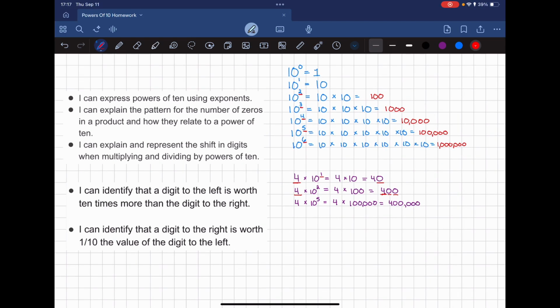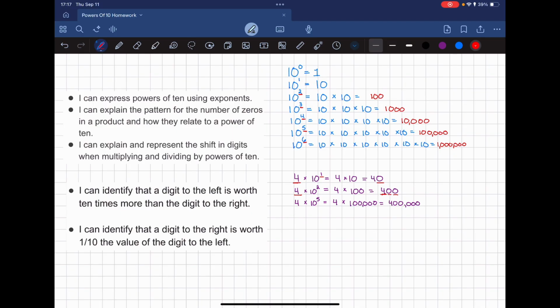Okay? All right. Number 3, it says I can explain and represent the shift in digits when multiplying and dividing by powers of 10. Okay? So, as a disclaimer, I want to say that this is different, even from the way that I learned when I was in elementary school.